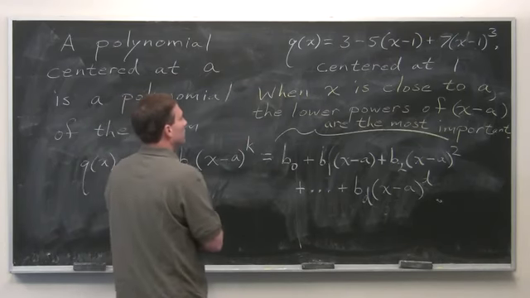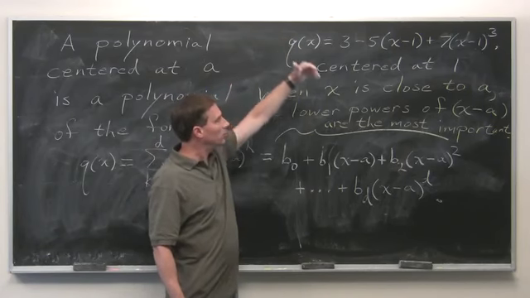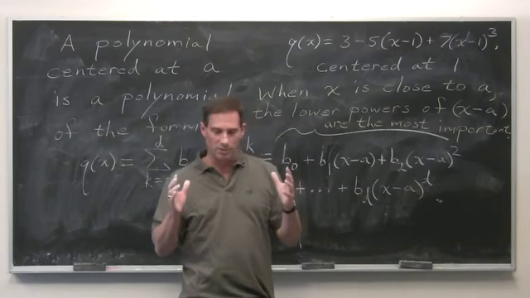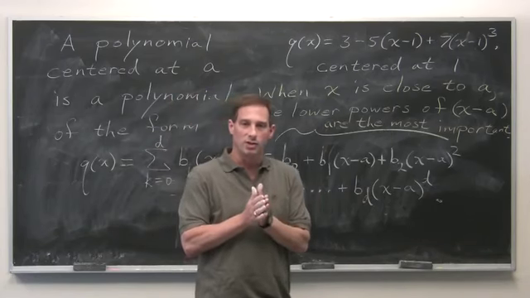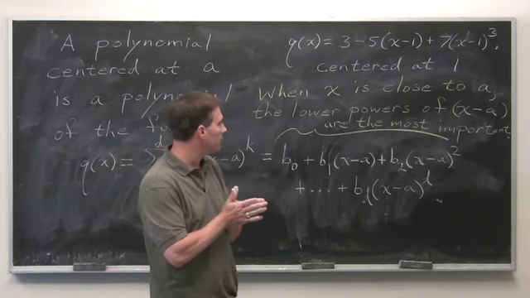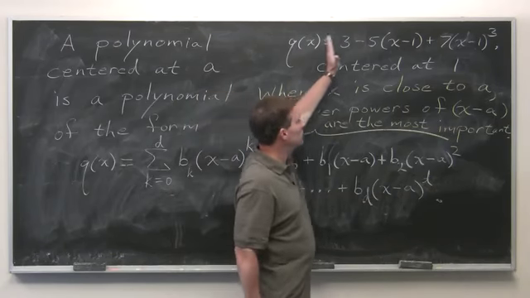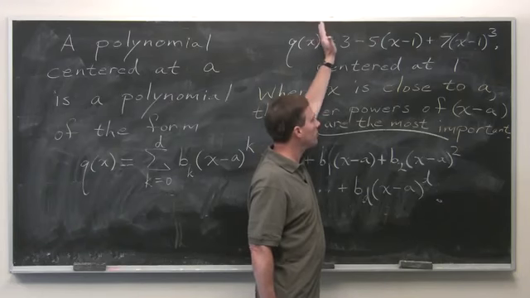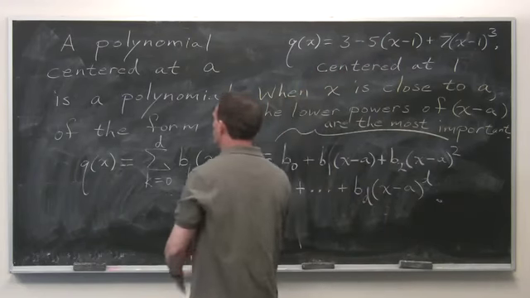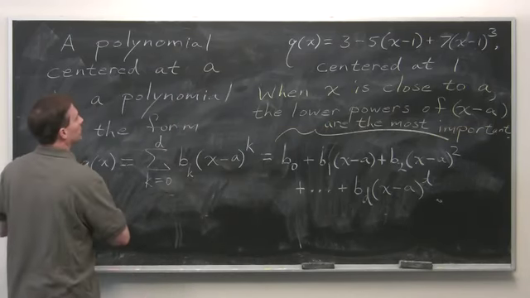And if you want to approximate a polynomial that's centered at some other value, like this one centered at x equals 1, then if you want to approximate it well for x near 1, you just use however many lower degree terms as you want to get the desired accuracy. So let's take that one.